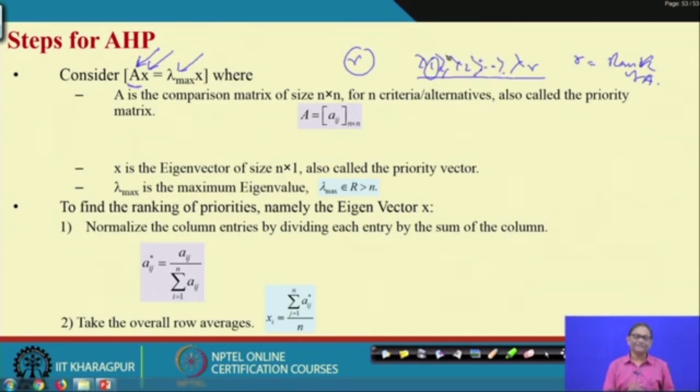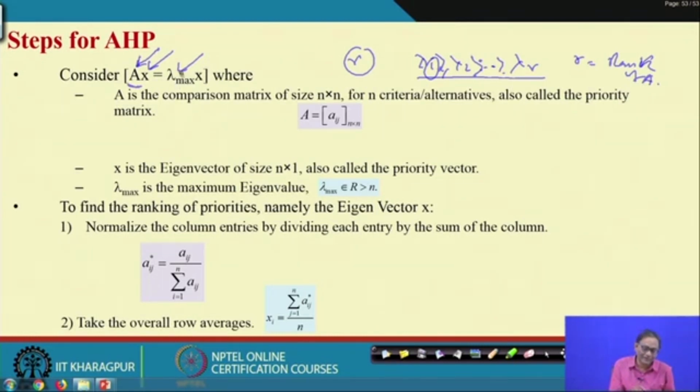So, lambda max is the maximum one, that is what you want to find out. You will not consider other eigenvalues, only lambda max. So, Ax equal to lambda max x, this is the characteristic equation in matrix form. Okay. So, you have to find out this equation.